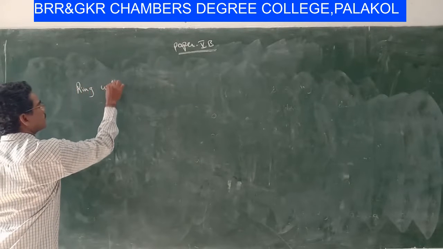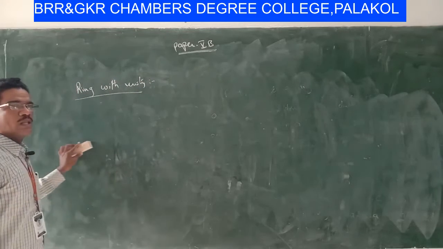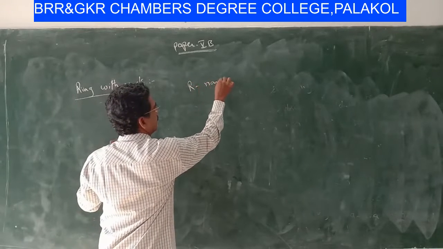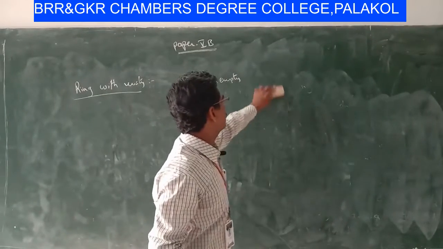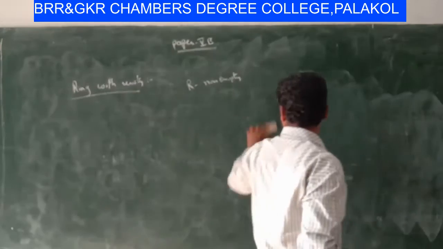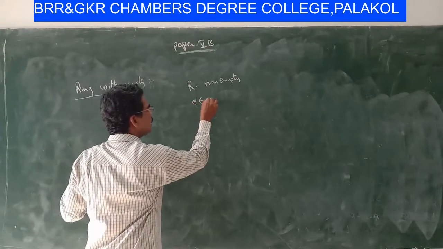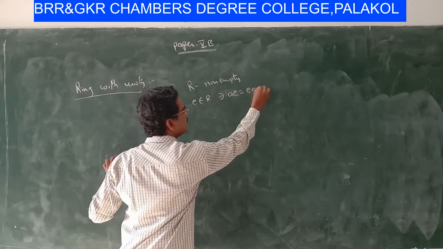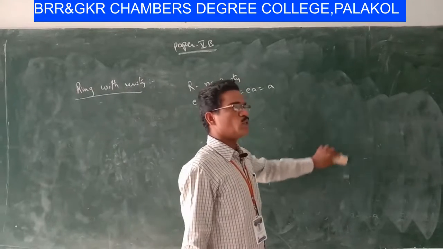Let R be a non-empty set and there exists some E belongs to R such that AE equal to EA equal to A. It is ring with unity.